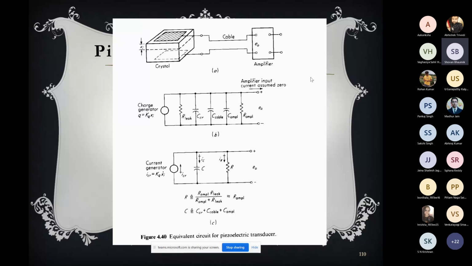You see the equivalent electric circuit, that is a charge generator Q. The crystal can be replaced by a charge generator, because the crystal is a capacitance that generates charge, and then the charge gets leakage. So we can think of the crystal as a charge generator with a leakage resistance in parallel to it, and a capacitor. These three things constitute the crystal. So we have a charge generator which is KQXI.